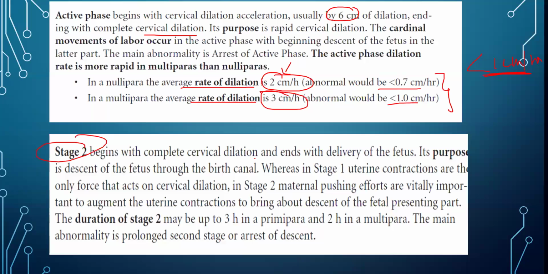Stage 2 begins with complete cervical dilation, which is 10 centimeter, and ends with delivery of the baby. So stage 2, as you have seen from the video, requires appropriate fetal size, the contraction, and also a normal pelvic size as well. The stage 2 duration can be up to 3 hours in primi and 2 hours in multi.